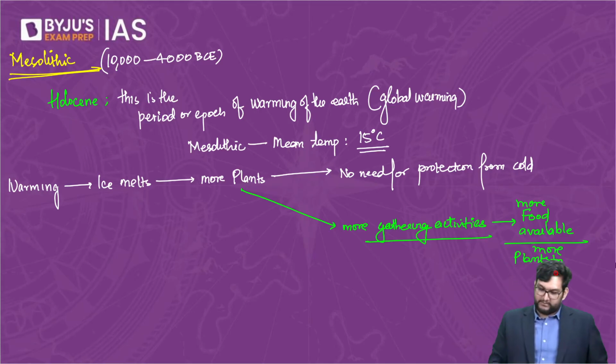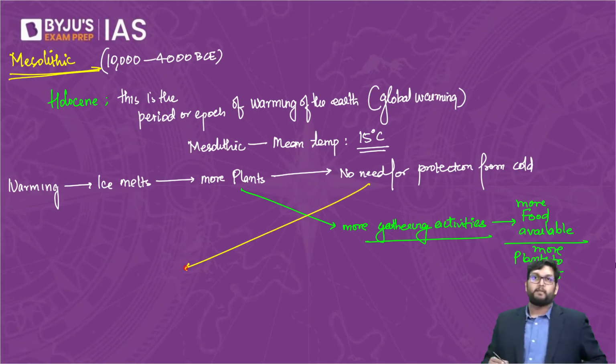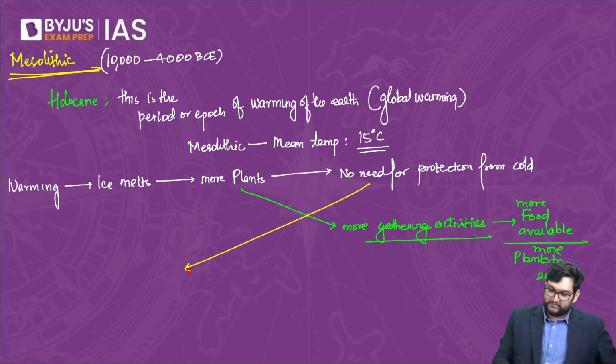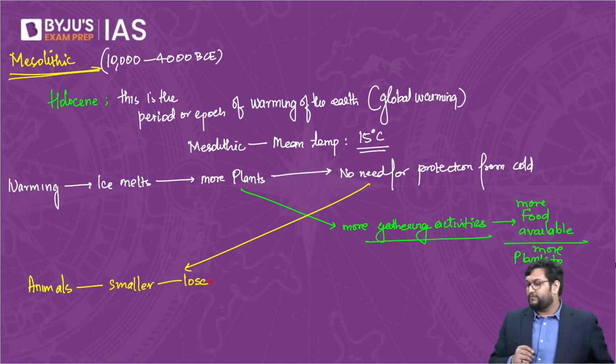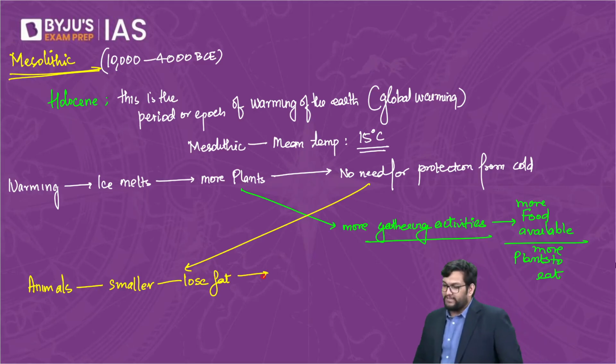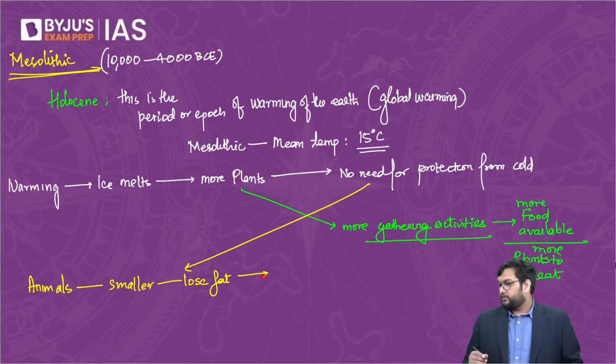And this is a very interesting thing. Animals will become smaller, lose fat, and if they become smaller, do they become slower or faster? They become faster.